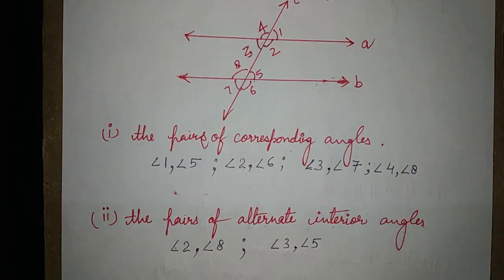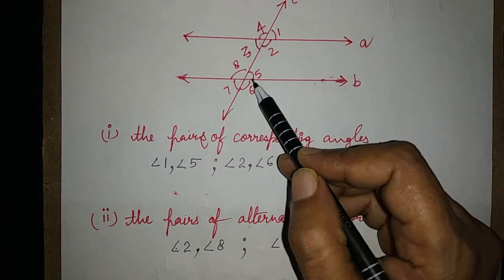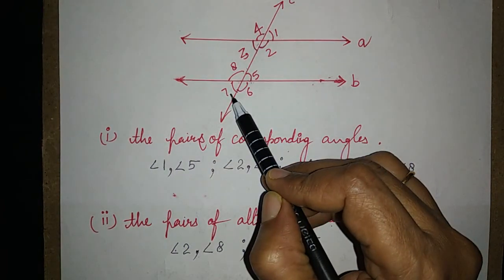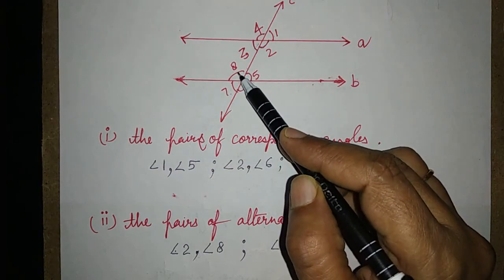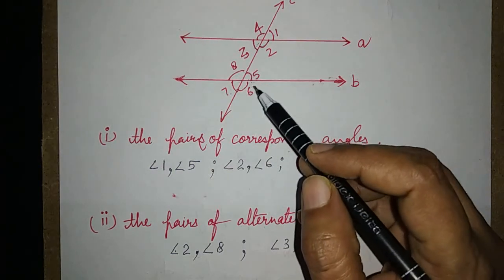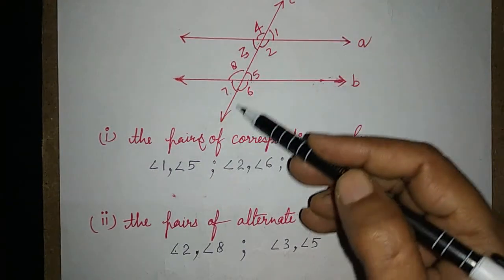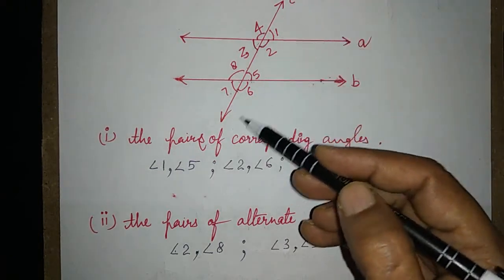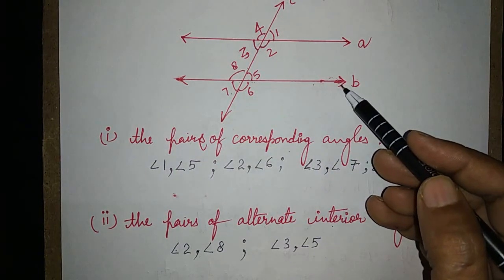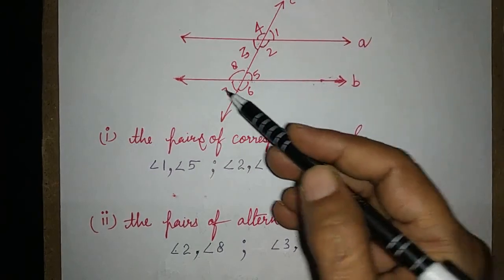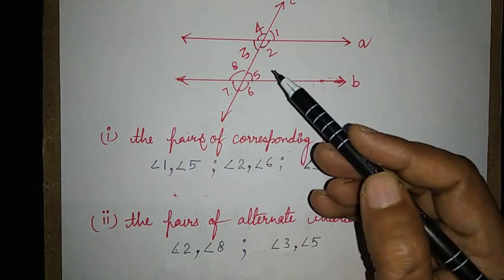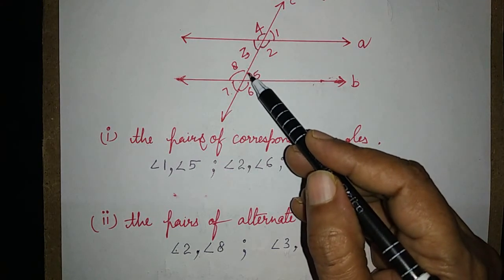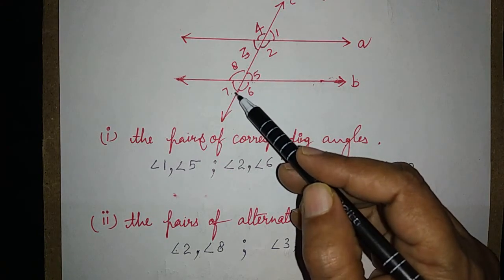Two more pairs of angles are vertically opposite: angle 5 and angle 7, and angle 6 and angle 8. Because lines C and B are also intersecting each other at this point, vertically opposite angles are forming.